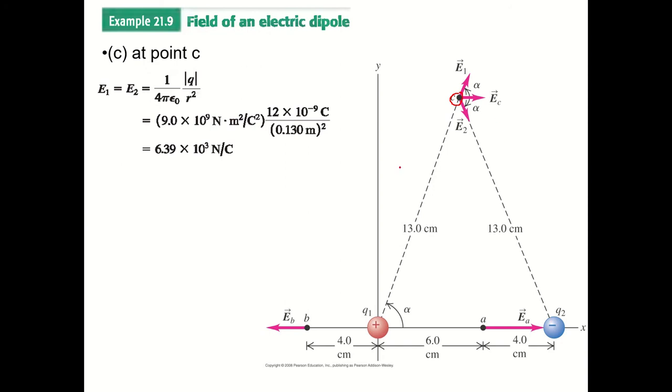So whatever value we get for E1 here is also the value for E2. They're just equal. The calculation is the same, using the same constant and the same charge. The distance from Q1 to this point C is 13 centimeters or 0.13 meters. So we get E1 equal to E2 equal to 6.39 times 10 to the 3 Newton per coulomb.